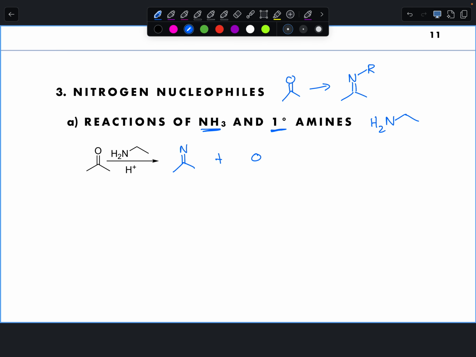And I can get some numbers and bring them back to you if you want, to show that going from here, where I pull off this proton, to the imine is a more favorable pathway than forming the enamine on this intermediate here.